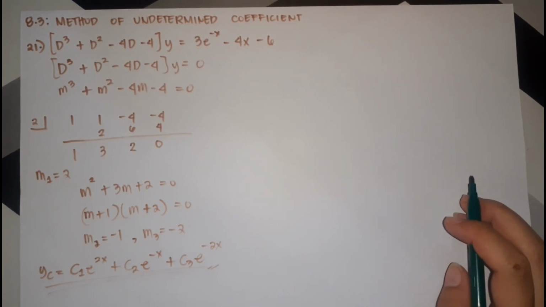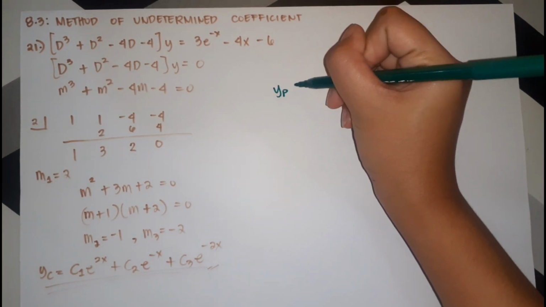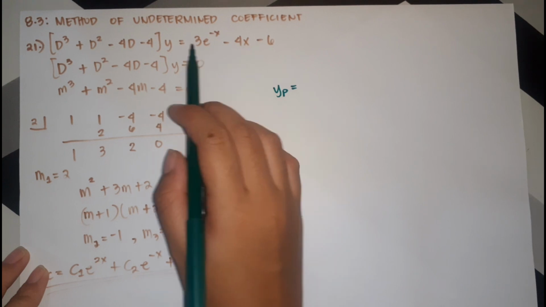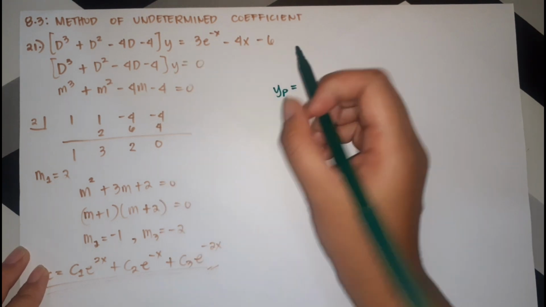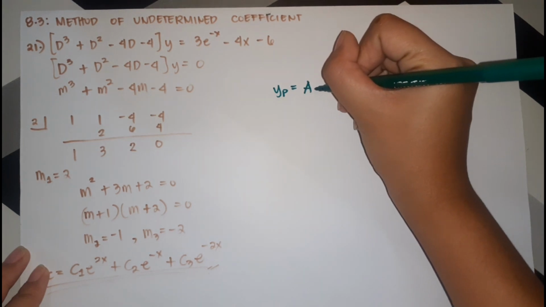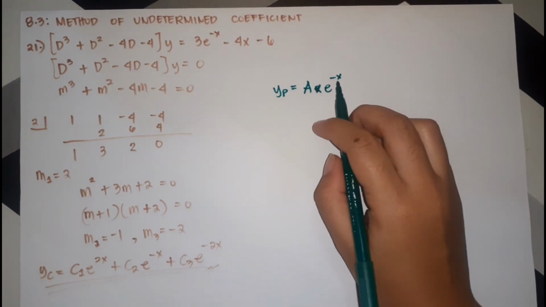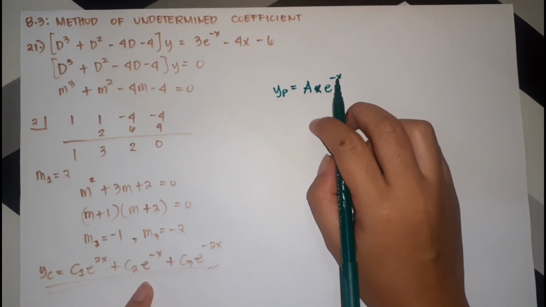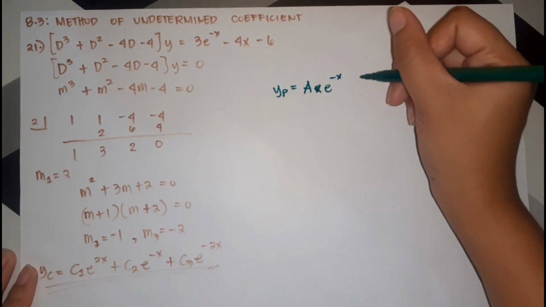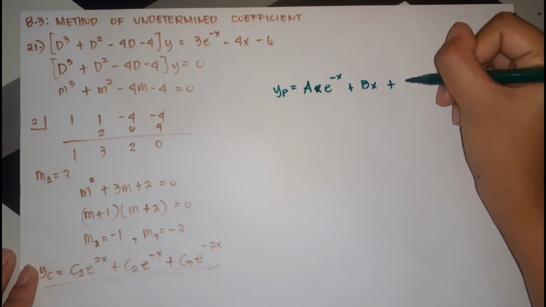Next, we are going to solve for our particular solution. We base our y sub p on the right side of the equation. So our y sub p will be ax e raised to negative x, since e raised to negative x is already in our complementary solution, so we add x here, plus bx plus c.